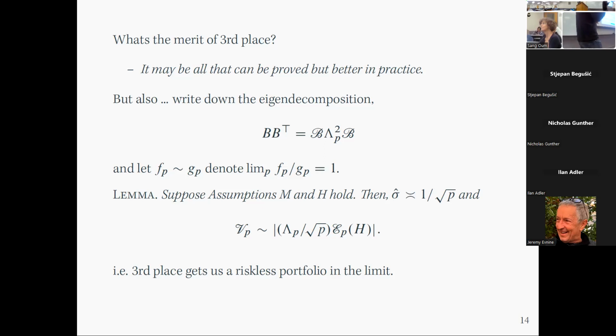The true risk depends on this length. Let me break it down. The first part is lambda_P over the square root of P. You notice the square on the lambda is missing. This ratio, lambda_P over square root of P, is bounded because lambda grows proportionally to the square root of P. And multiplying it is again this mysterious optimization bias vector, which I'm going to get to eventually.